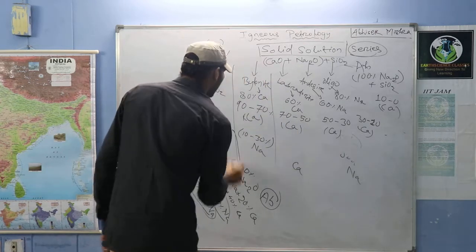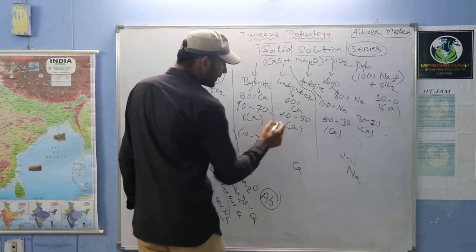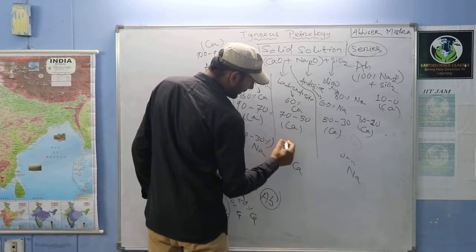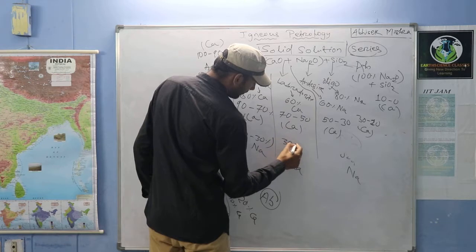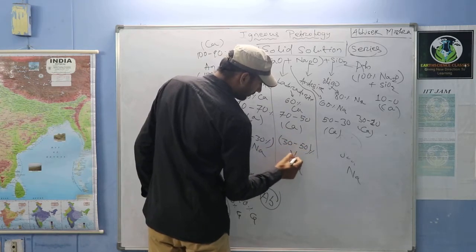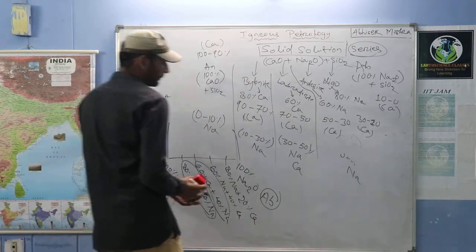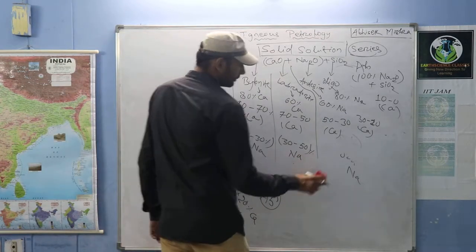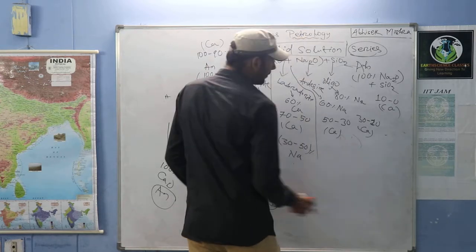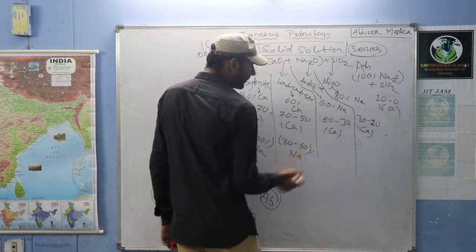Similarly, in labradorite what will happen? 70 to 50 means that will be 30 to 50% sodium. Okay, 30 to 50% sodium.